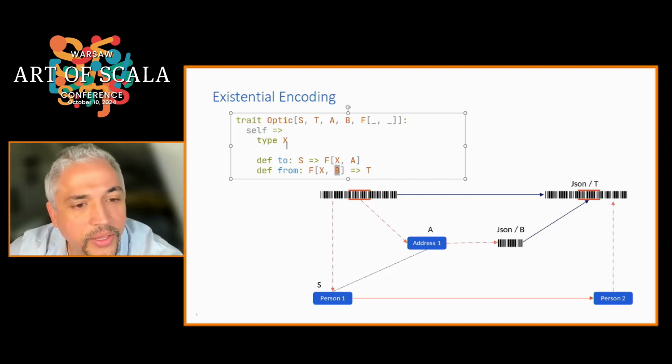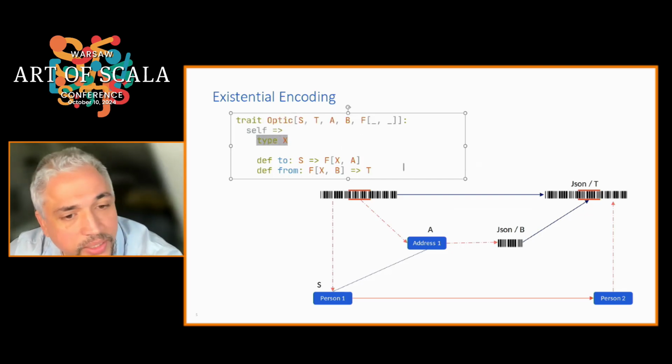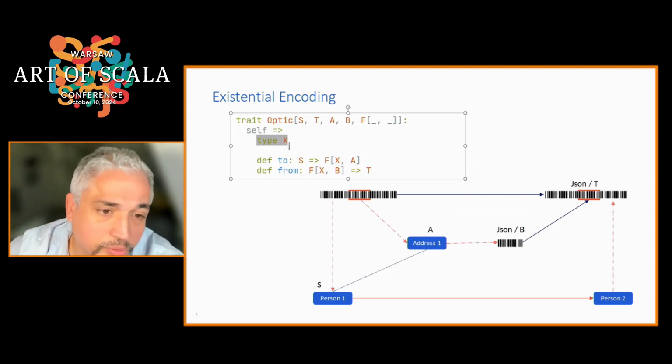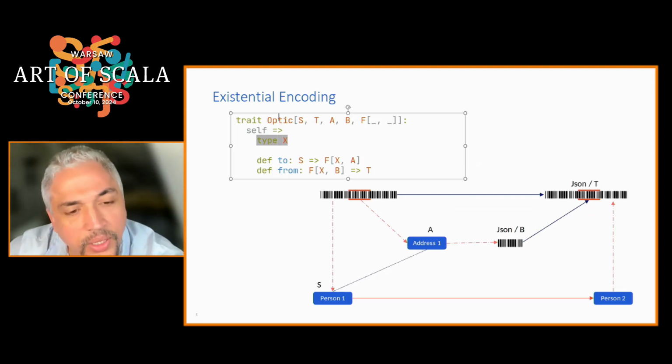You have a hidden type that is what is missing, what the complement is, and each optic has its own complement. So for prisms, it is an either, right? So it is an optional type. And so F becomes an either.